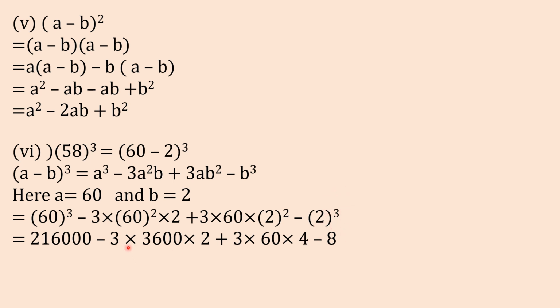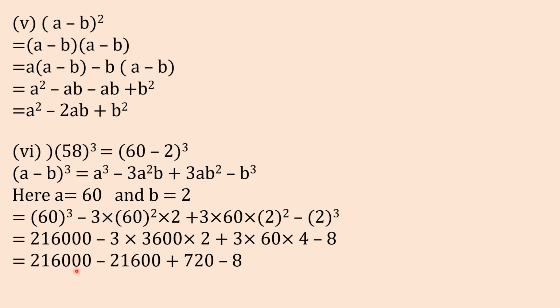Now we'll multiply the middle terms. We'll carry out the multiplication first. So the next step will become 216000 minus 3 into 3600 into 2, which gives you 21600, then plus 3 into 60 into 4. If you multiply this, you'll get 720. Then minus 8 as it is.